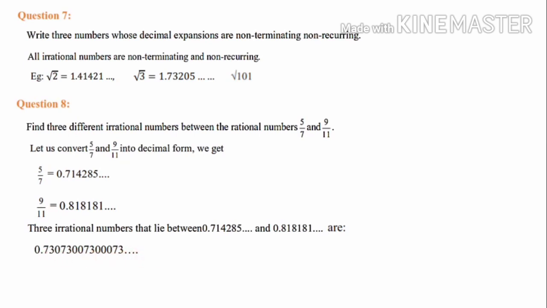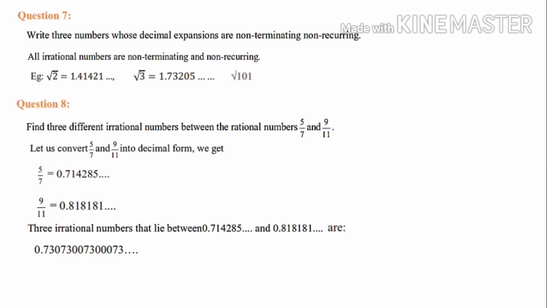When you look at the given two decimal numbers, the first 3 digits of the first number are 714, that is 0.714, and for the second number, the first 3 digits are 0.818. It means you have to write some numbers between 0.714 and 0.818. So I am taking the first as 0.730. Clearly 0.730 is between 714 and 818.